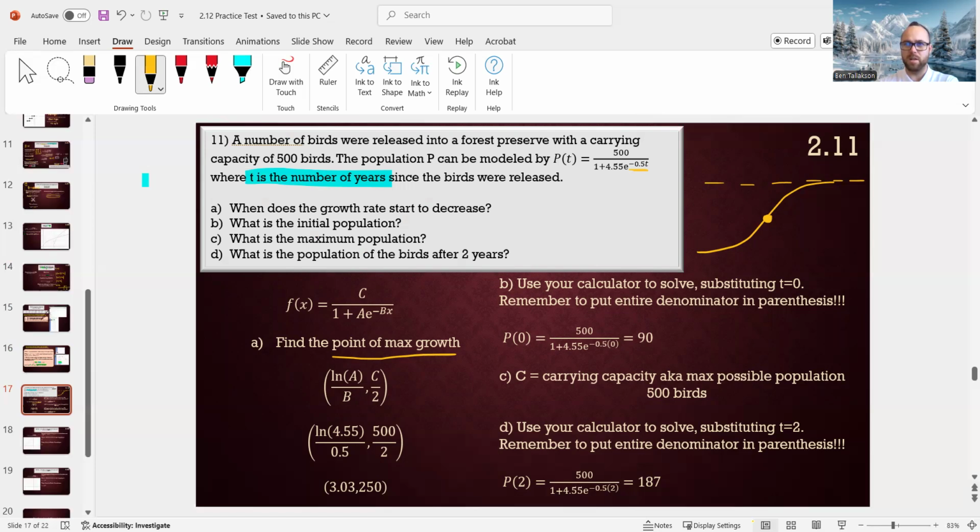So if you see negative 0.5, B is actually positive 0.5. And then we have C, that's just the numerator over 2. From here, a little calculator work will give you the point of max growth and your answer to part A.